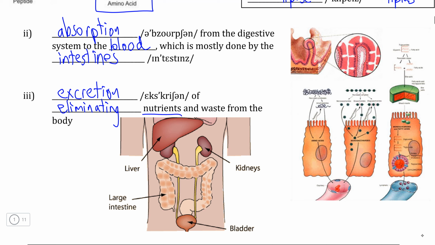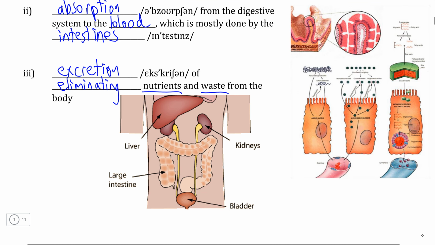So any nutrients that we cannot break down, and we will go over examples of these, as well as any waste products from chemical reactions in the body, can be eliminated through our digestive system. This, of course, is done by the large intestine, which functions to remove solid waste from the body, and that is the process that we call excretion.